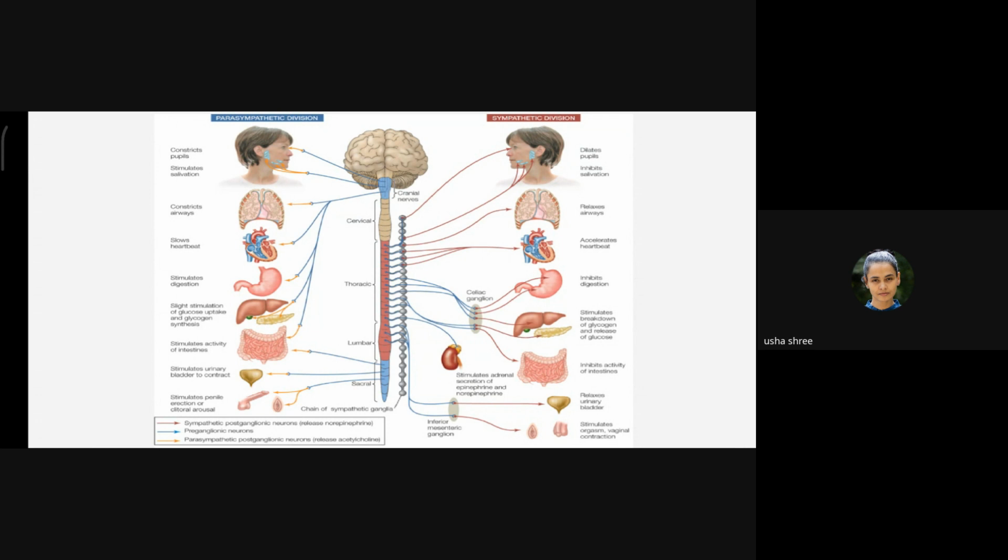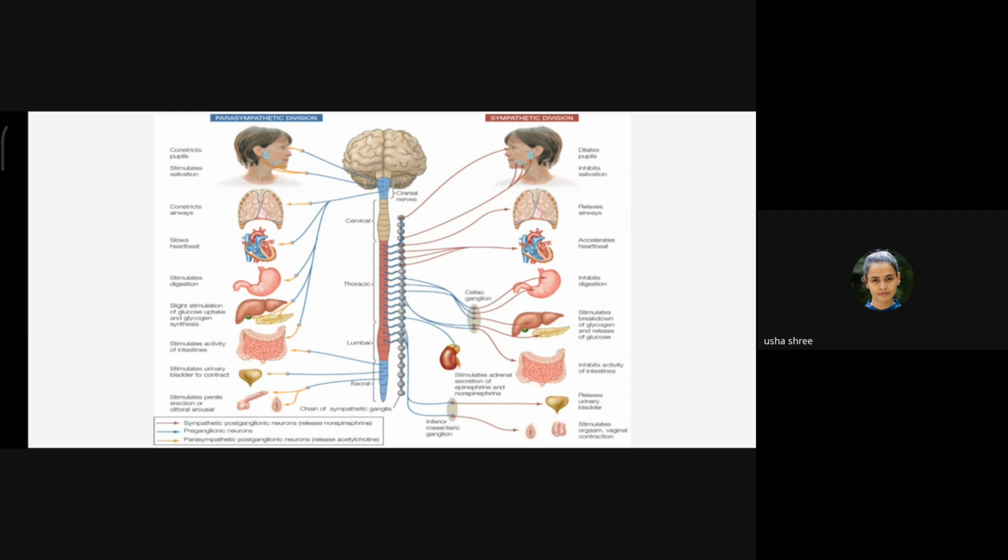Now in case of parasympathetic activation, the pupils get constricted and salivation is stimulated. Yes, the parasympathetic nervous system is also known as the rest and digest condition. When we are at rest, in that condition the parasympathetic nervous system activates.